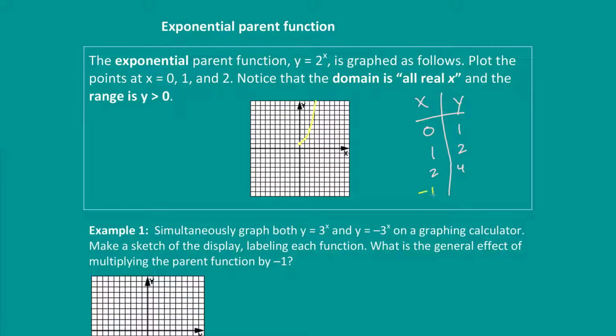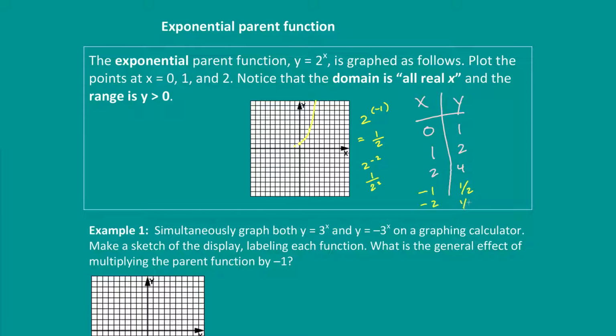If we went negative 1, 2 to the negative 1 power is going to be equivalent to 1 over 2. So that's 1/2. And then if we had negative 2, 2 to the negative 2 is going to be 1 over 2 squared, which is 1/4.